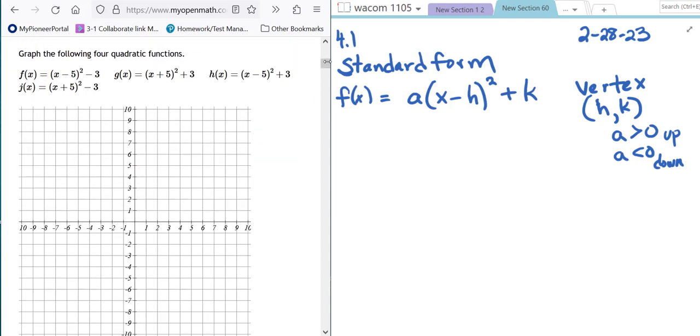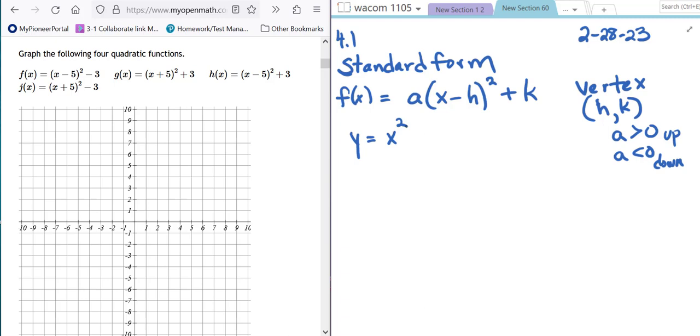All of these are variations of y equals x squared, or f of x equals x squared. We'll do one with a transformation, and then the others we're going to do with a vertex and one point.